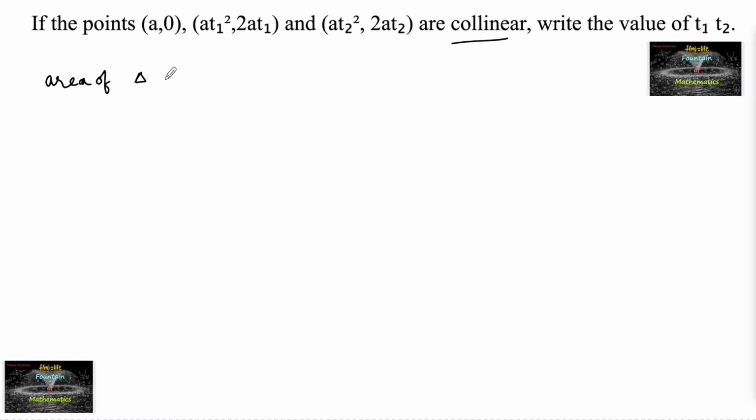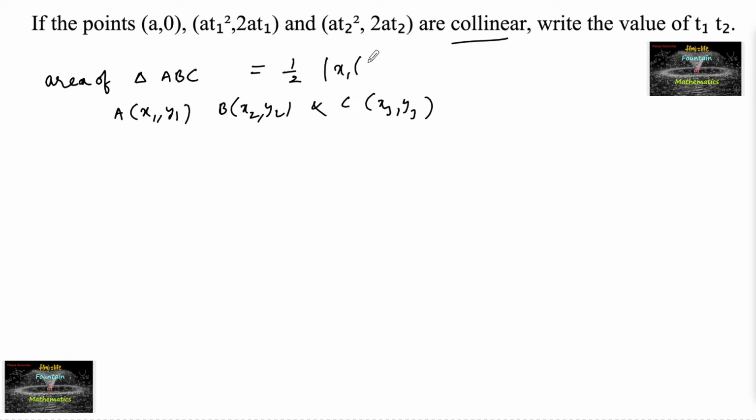Area of triangle ABC, where A(x1, y1), B(x2, y2) and C(x3, y3), is equal to half mod of x1 of (y2 minus y3) plus x2 of (y3 minus y1) plus x3 of (y1 minus y2).